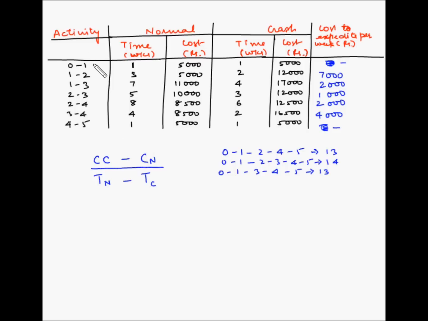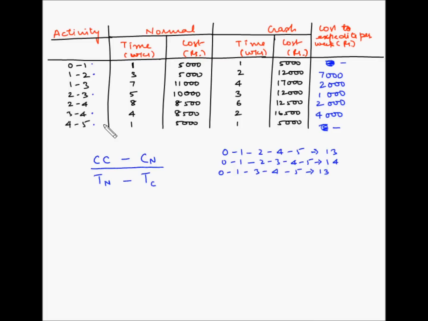So 0-1, 1-2, 2-3, 3-4, and 4-5. So now we have to try and crash one of these activities which is on the critical path. So now we have 5 activities which are on the critical path.